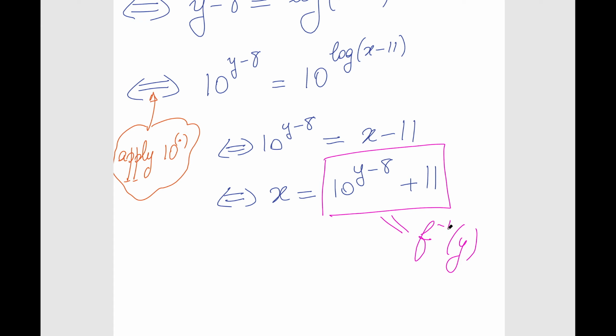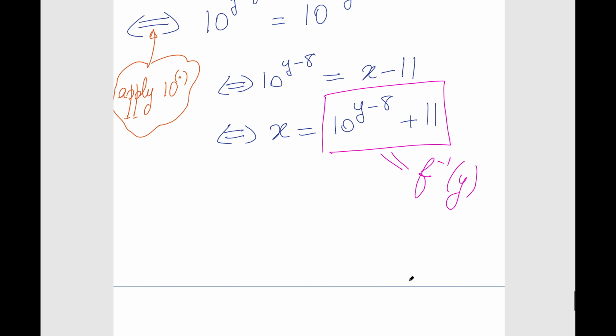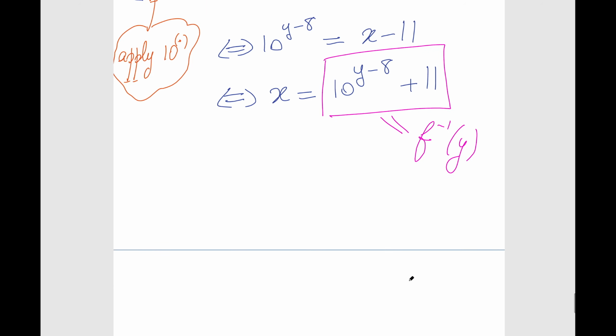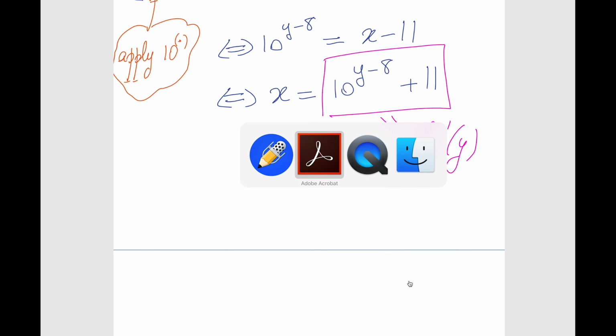Now, as we used to say, if your preferred choice of the input is x, replace y by x, and whatever sits here is going to sit here. So get f inverse of that input, your favorite letter, whatever it is, maybe t, z, s. It's going to be 10 to the power, that variable that you chose, let's say t, minus 8 plus 11. Make sense? Okay. All right, let's keep going.